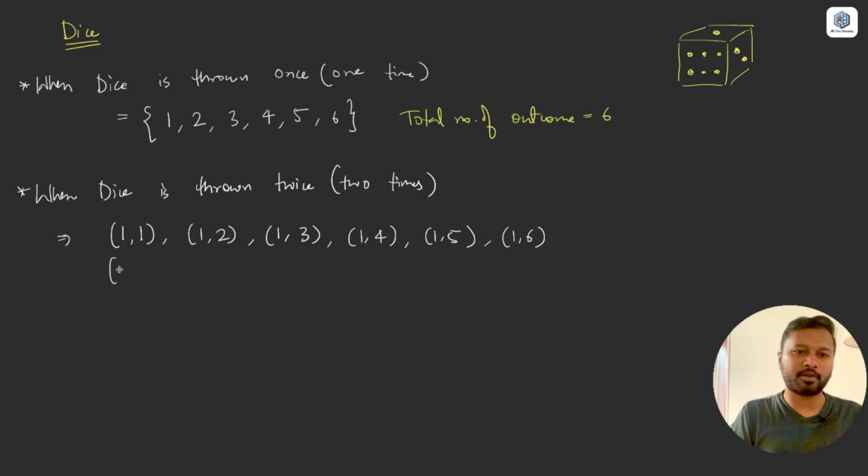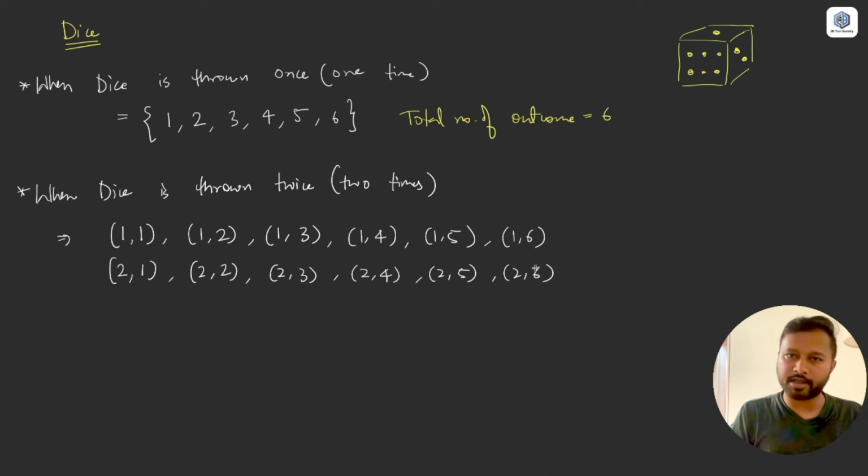It can also be possible that the first time you got 2. So 2 and 1, 2 and 2, 2 and 3, 2 and 4, 2 and 5, and 2 and 6.